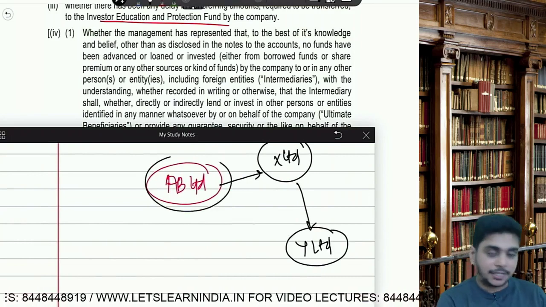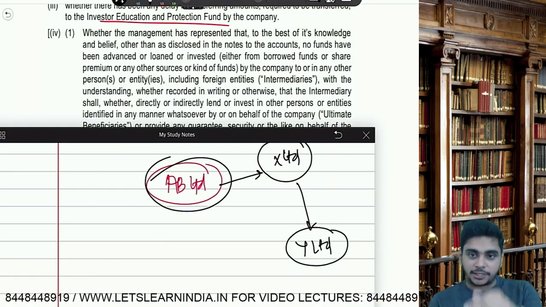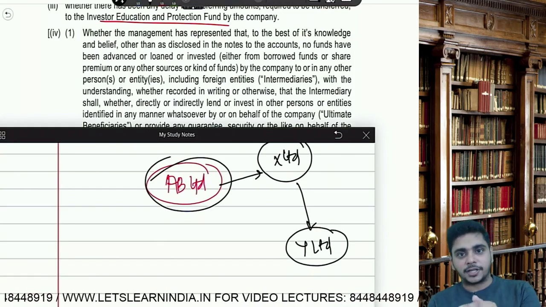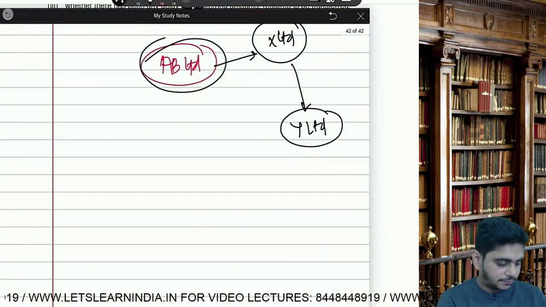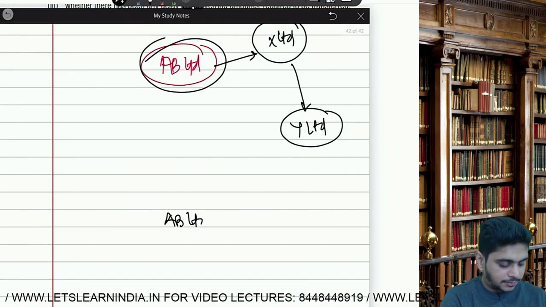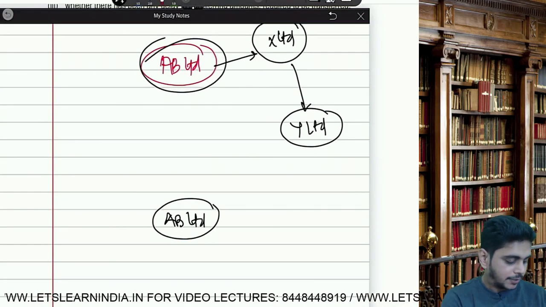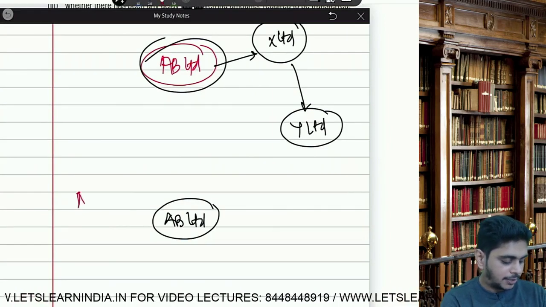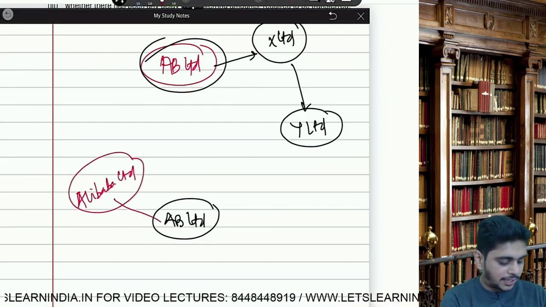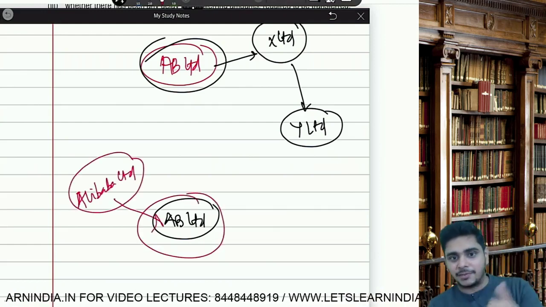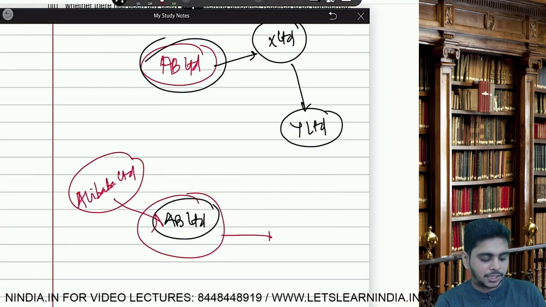That means your client has not given any money to the intermediary, so that the intermediary transfers it to someone else, or vice versa. Imagine Alibaba has not given any money to AB Limited. Our client is AB Limited, and AB Limited has not transferred it to TCS.